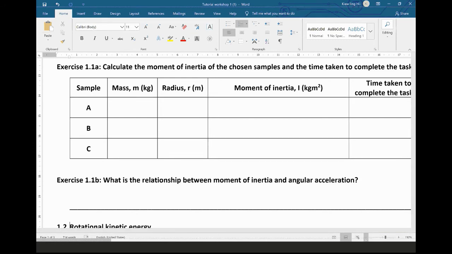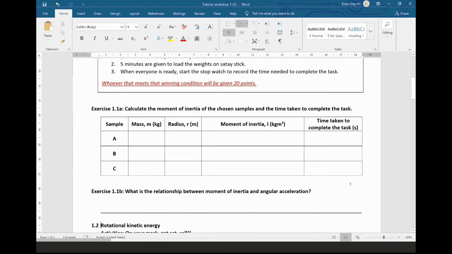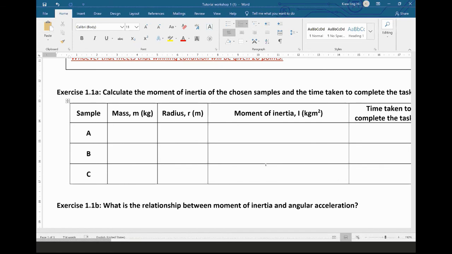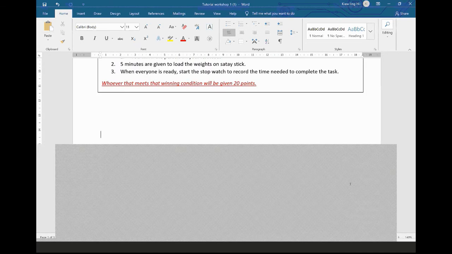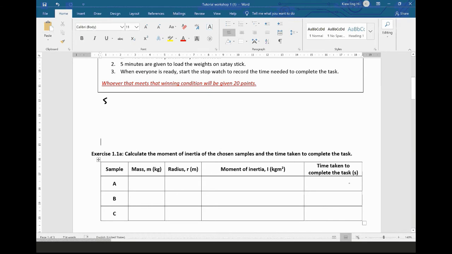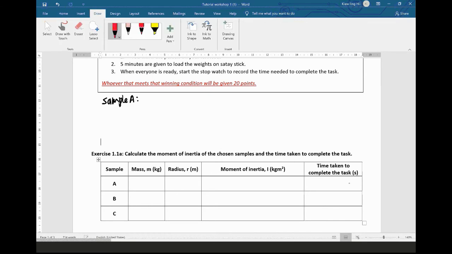We have already measured the width. So we have two samples just now. Sample A is the 5 cent coin, which is loaded at the ends of both sides. It's actually two 5 cent coins on each side.